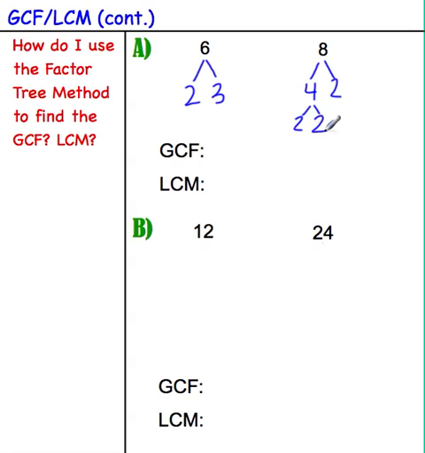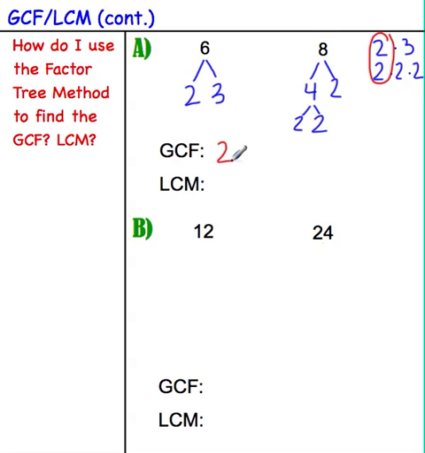So to find the GCF, 6 is 2 times 3, and 8 is 2 times 2 times 2. I see that I have a pair of 2's in common. I don't see anything else in common between the two, therefore my GCF is 2.